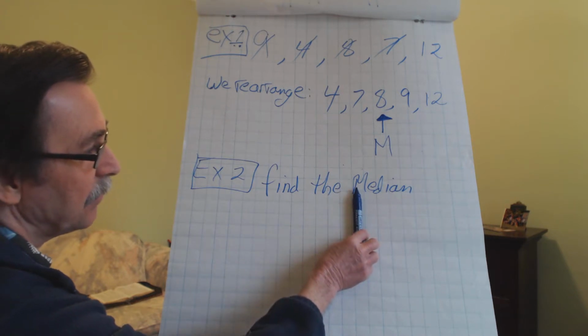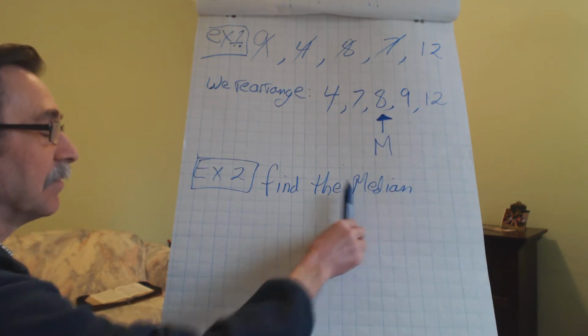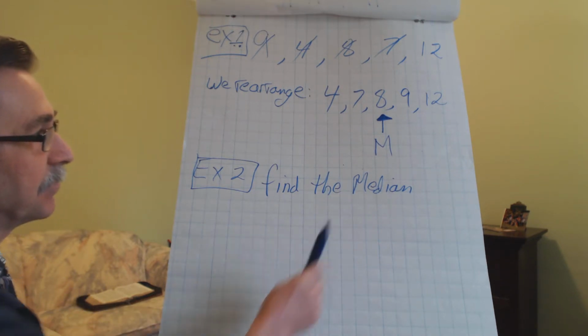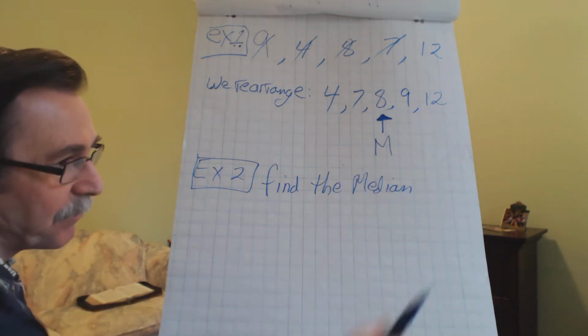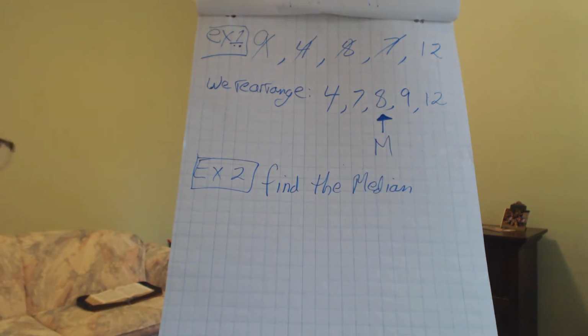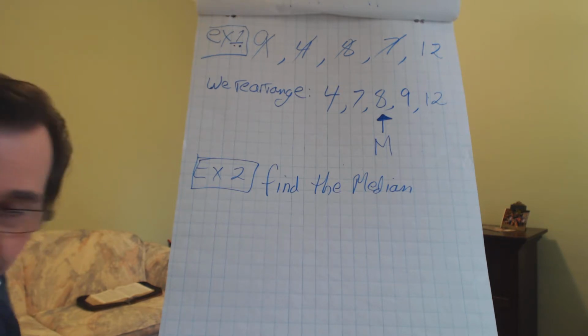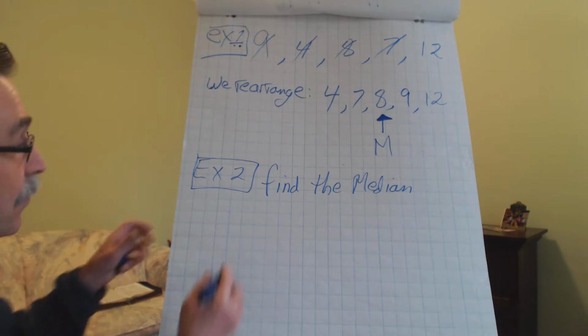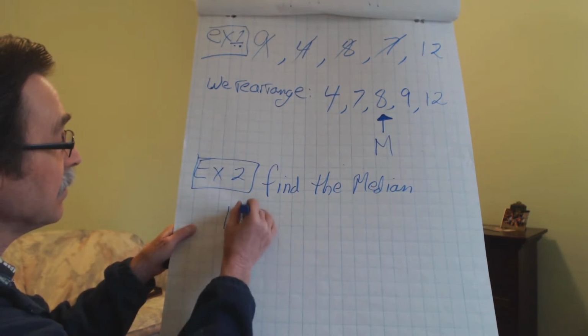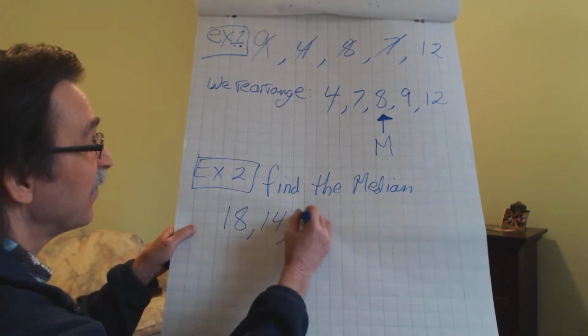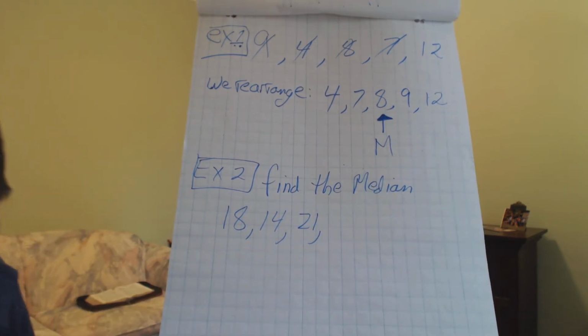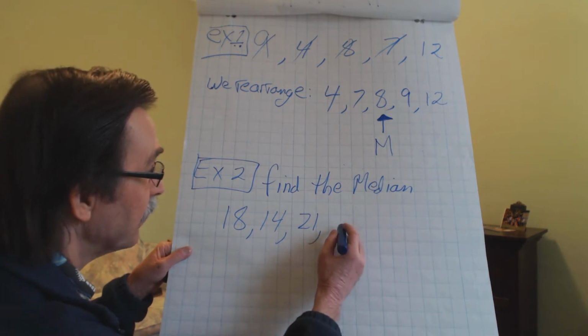Median really should be spelled with a lowercase m, but because the short form is a capital M, I sometimes get confused. No big deal. Find the median of these numbers. 18, 14, 21. And let's see, 16, 33, and 34.